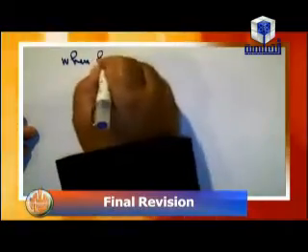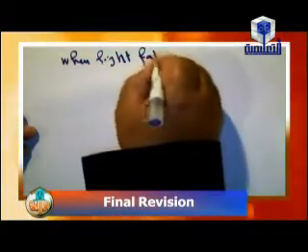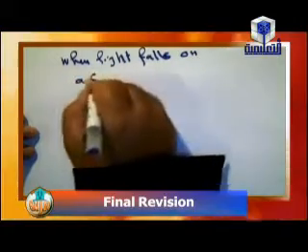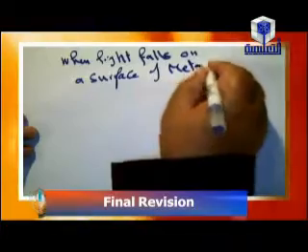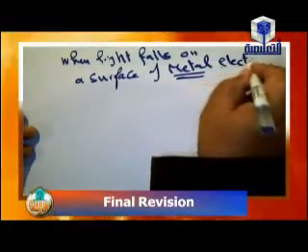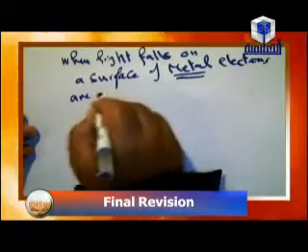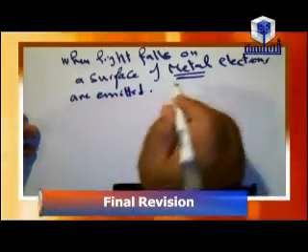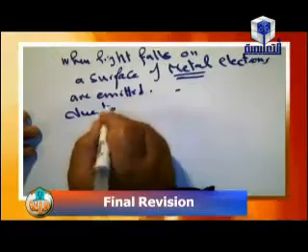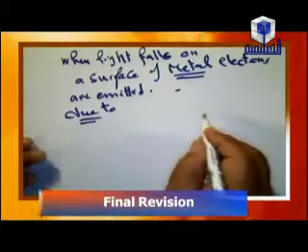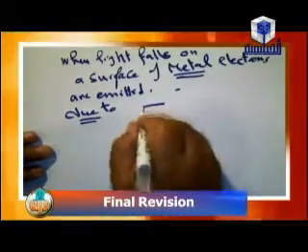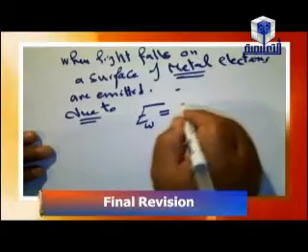Let's move to another point. When light falls on a surface of metal, electrons are emitted, provided the frequency of this light is greater than the critical frequency, as in the law of Einstein, which is E equals work function equals h nu c.